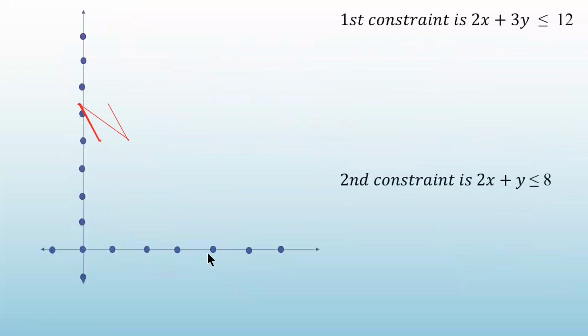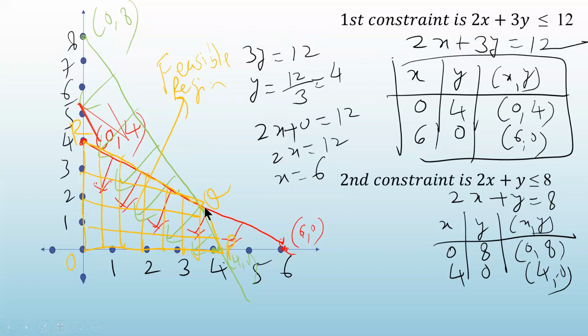What is Q? Q is this point. Can you tell me what are the coordinates of the point Q? Q is the point which belongs to both the lines, 2x plus 3y equal to 12 as well as 2x plus y equal to 8. So this point has coordinates 3 and 2.